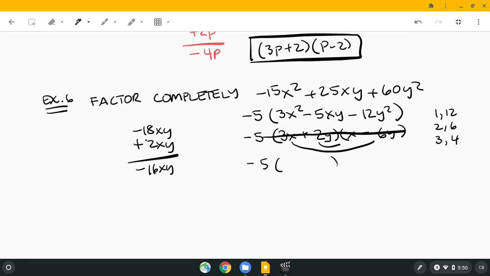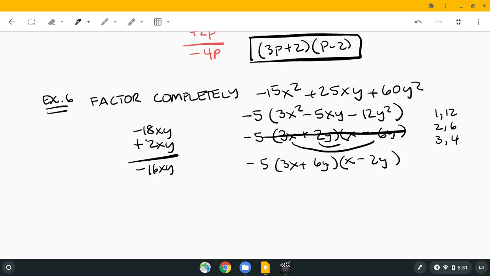We could try switching them, right? Because if the signs are different, then you can try switching them, putting the 6y here and the 2y here. But I know that doesn't work, and I'll tell you why. It's a little checking trick.